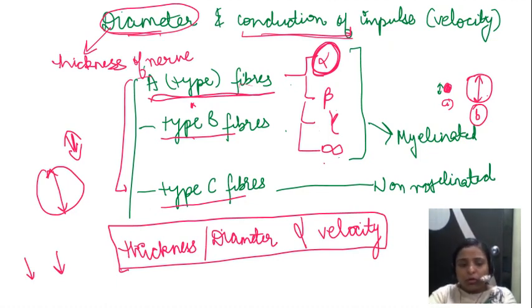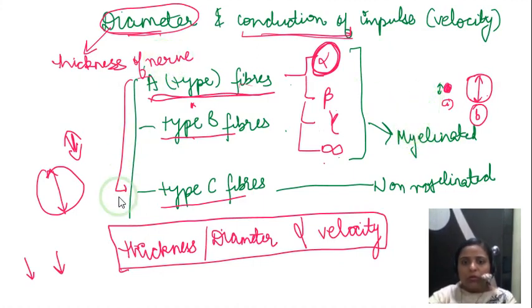The next classification is depending upon the diameter and conduction velocity. You know that the diameter and conduction velocity are directly proportional, meaning if the nerve fiber is thicker or has more diameter, then its conduction of impulse will also be higher.